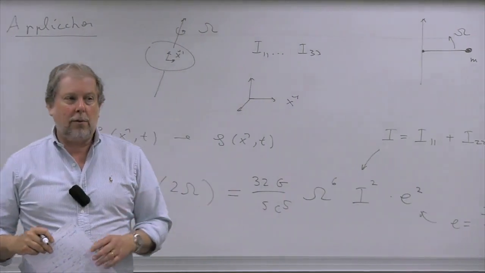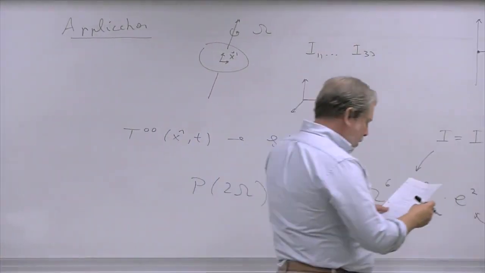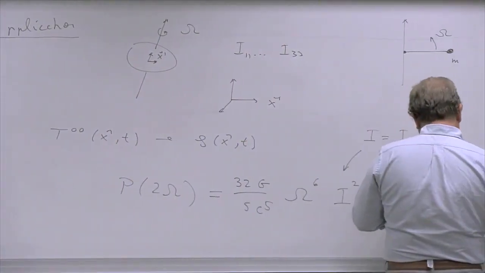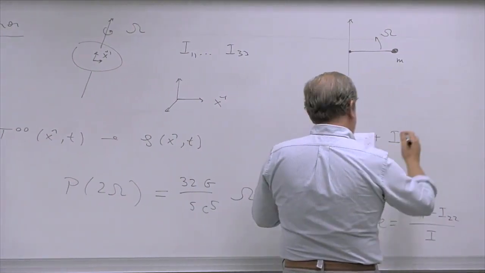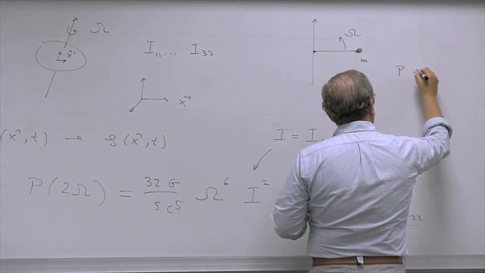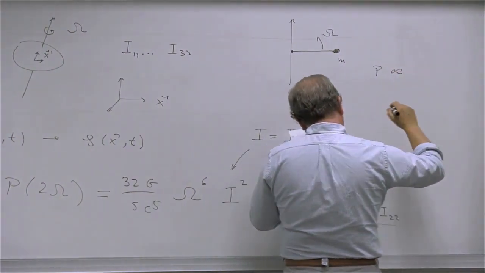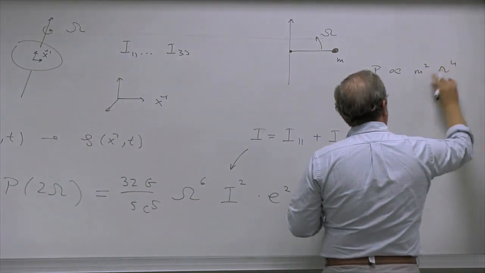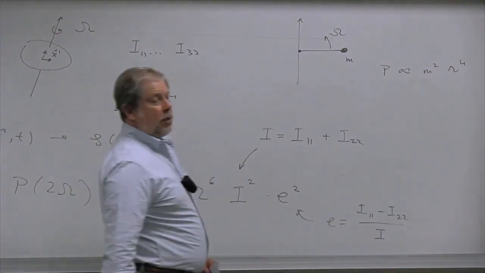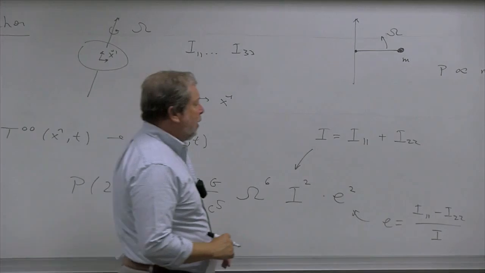So in this case, the moment of inertia is just related. If you have an object like this, then the total power is going to be proportional to the mass squared times the radius to the fourth power, right? So the moments of inertia are traded for the mass and the distance.